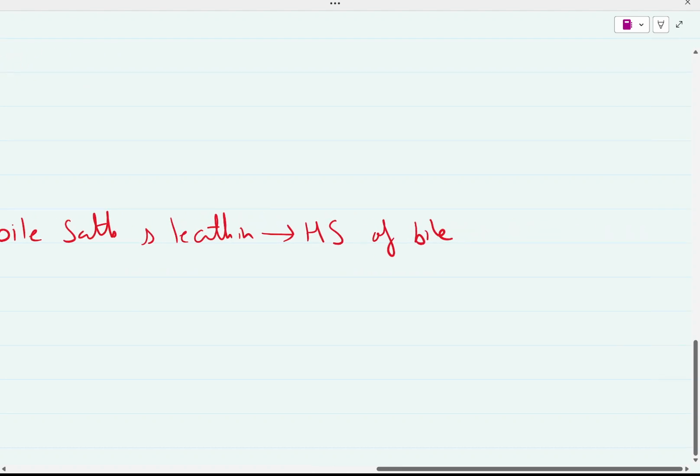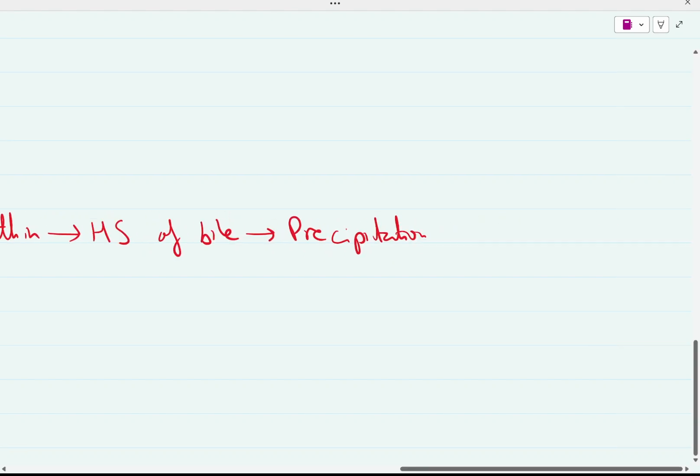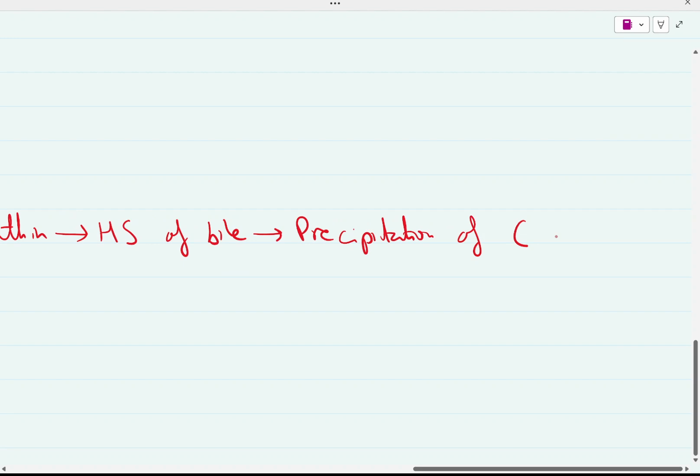When there is hypersaturation of bile, there is precipitation of cholesterol and calcium carbonate. When there is a formation of precipitates, small fragments of cholesterol form with calcium carbonate.